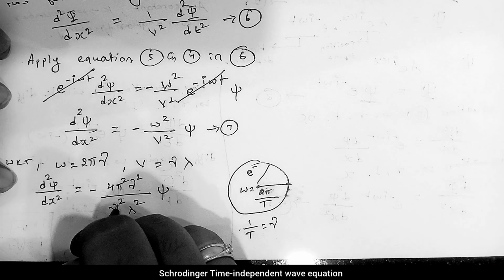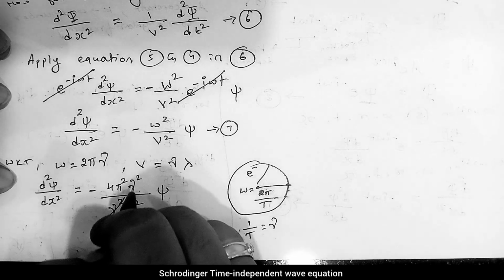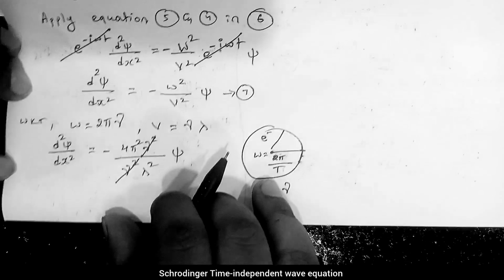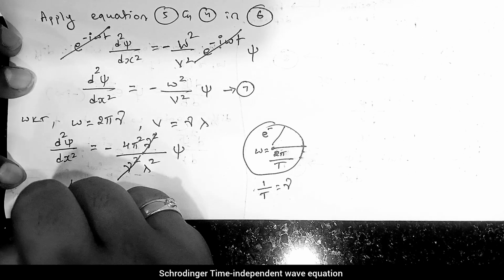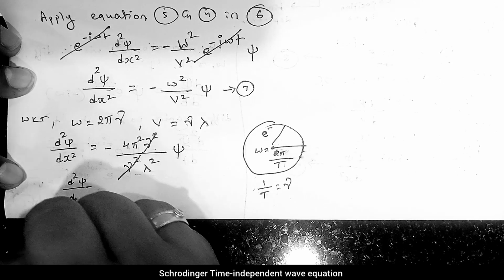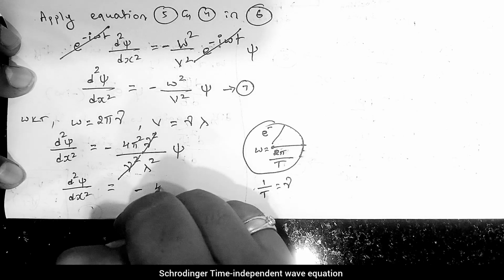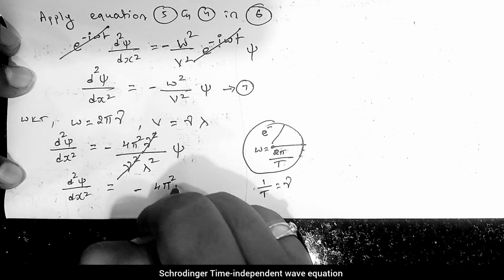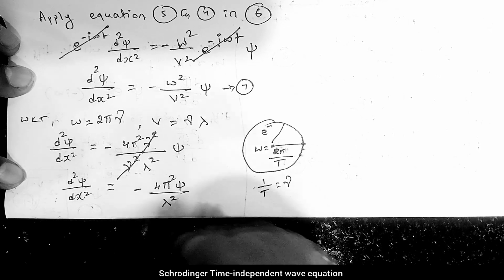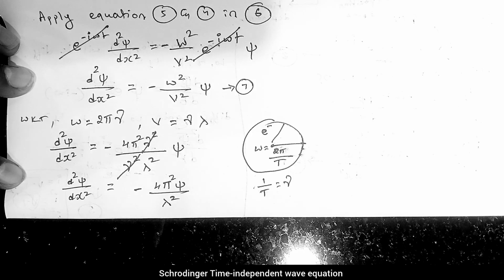Now I will cancel mu square and mu square, and I will write the remaining term as d square psi divided by dx square is equal to minus of 4 pi square into psi divided by lambda square.